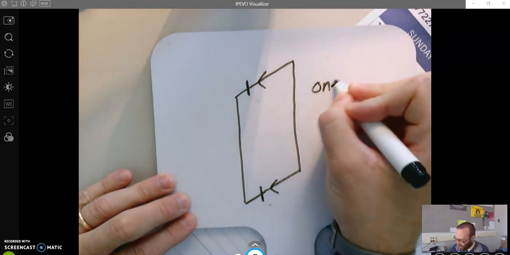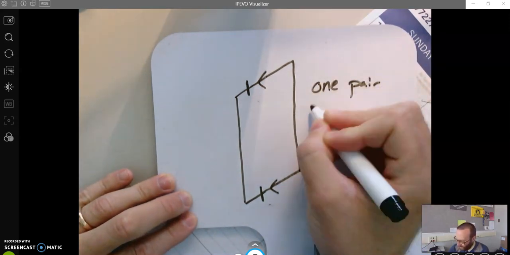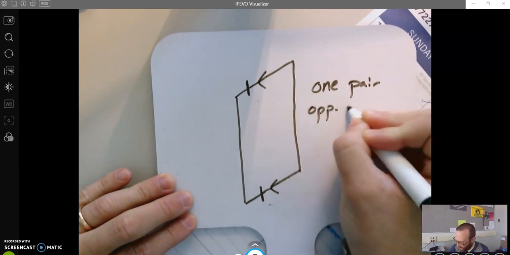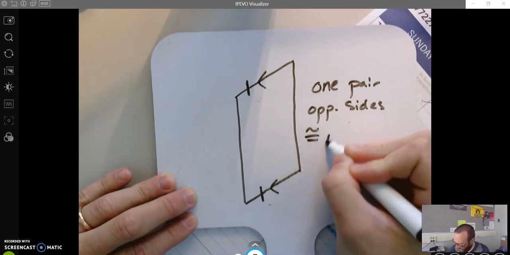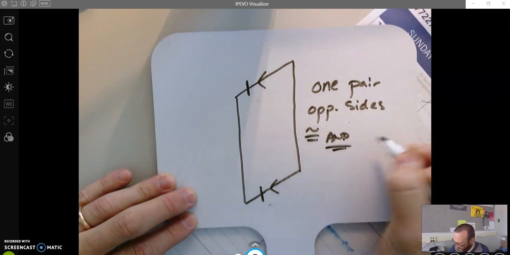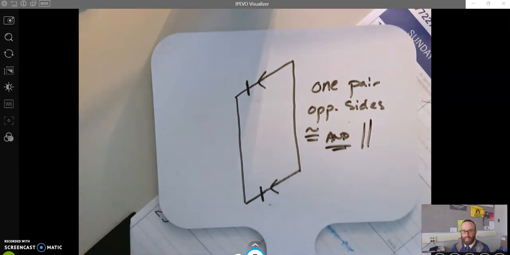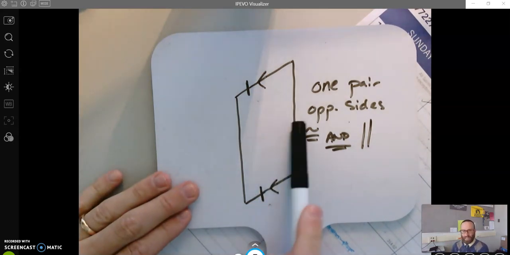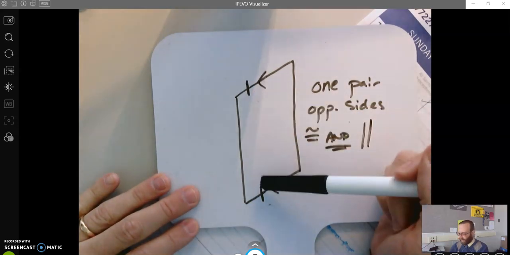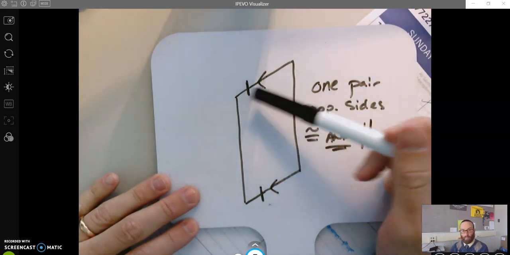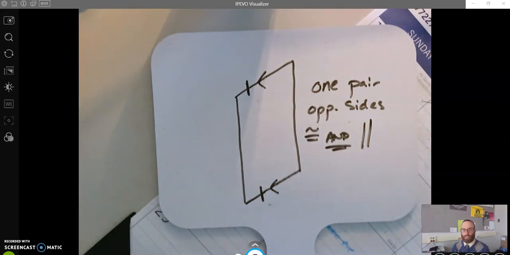If I know that one pair of opposite sides are congruent, and I'm going to emphasize and, parallel, that's enough information. I don't need to know anything about either of those two sides, as long as I know that this pair has both of those things going for it, congruent and parallel.